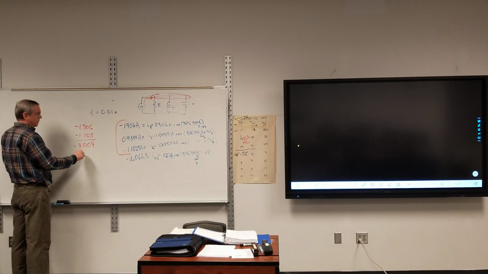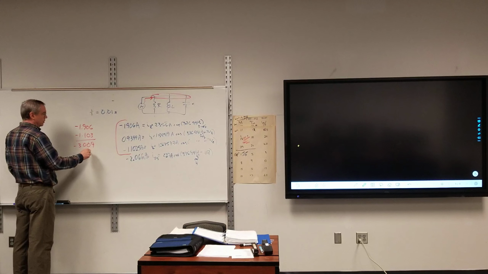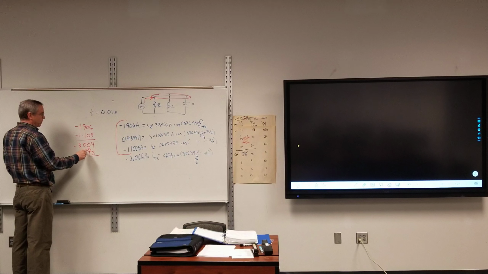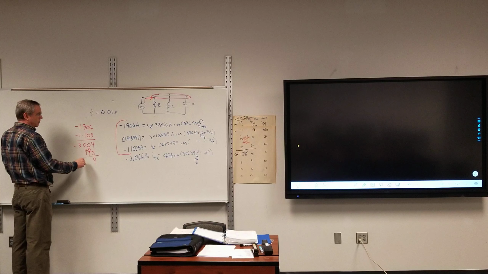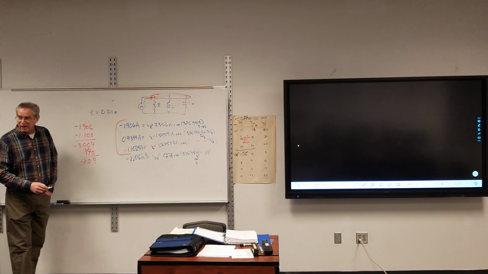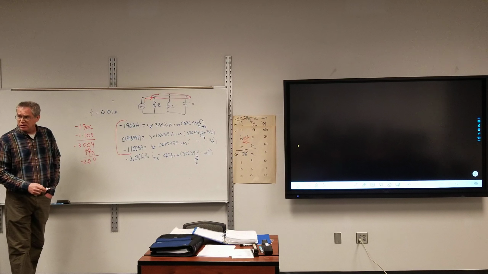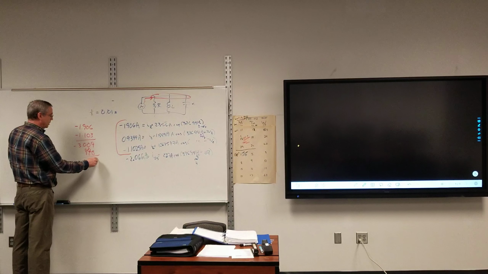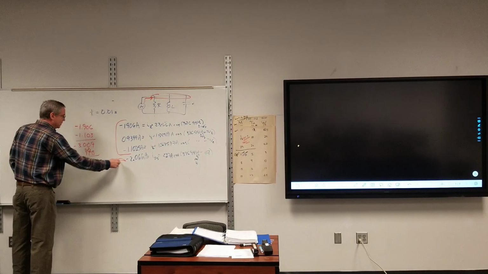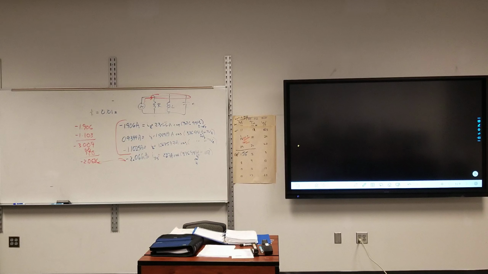And then I add 0.9394. Obviously, I'm rounding. I got negative 2.0686, which hopefully you can see is pretty darn close to what the other one is.